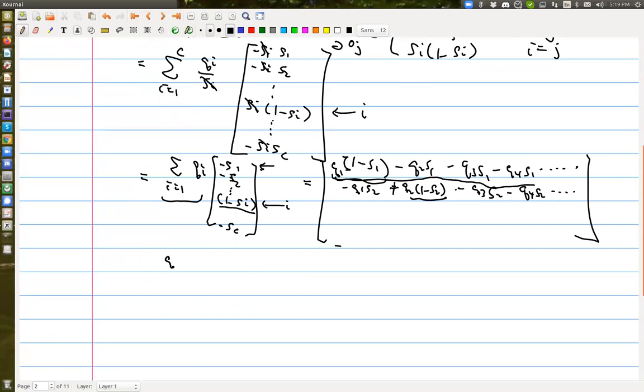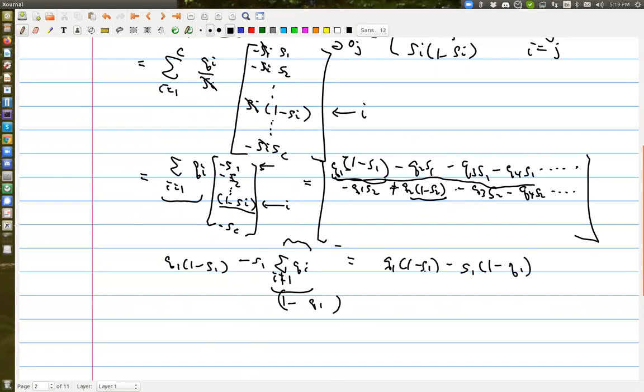What I have is basically Q1 (1 minus S1), minus S1 times the sum over all the Q's except i equal to 1. But Q is probability, so this is actually equal to 1 minus Q1. Therefore this would be equal to simply Q1 (1 minus S1) minus S1 (1 minus Q1).